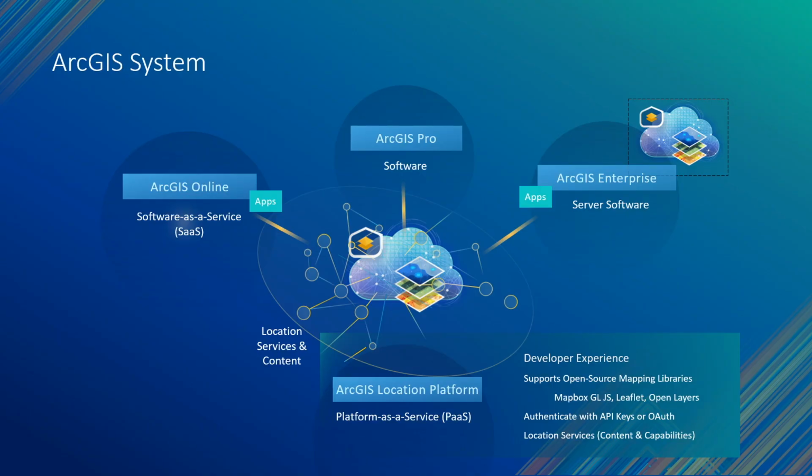It supports open source libraries like Esri Leaflet, Mapbox GL JS, and most importantly, it allows you to bring in our state-of-the-art location services like geocoding, routing, places, base maps, and so forth.